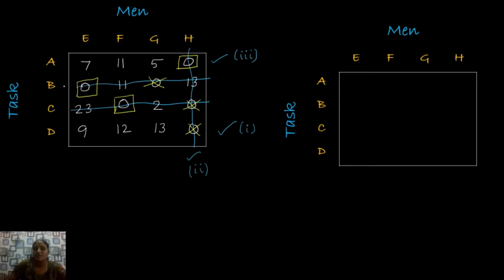We have to draw a straight line through the unmarked rows, and for the marked column, you have to draw a straight line like this.